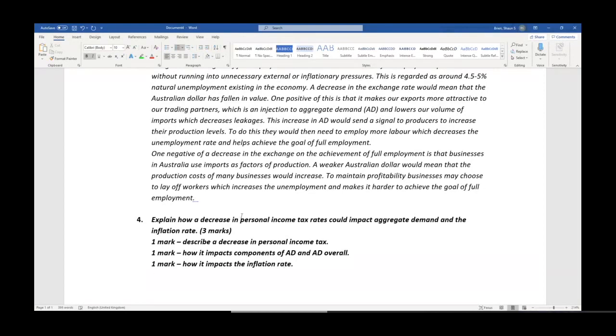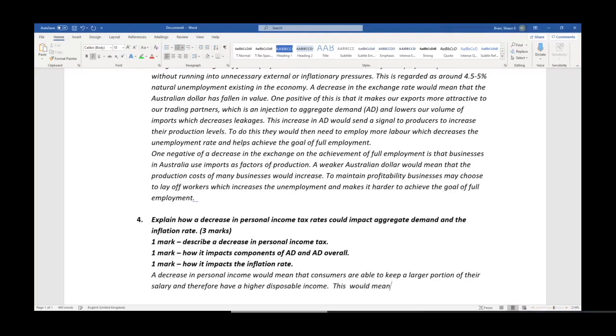So if we make this into an answer: a decrease in personal income tax would mean that consumers are able to keep a larger portion of their salary and therefore have a higher disposable income.